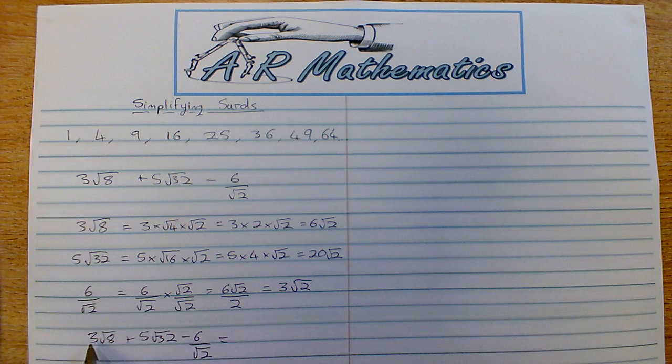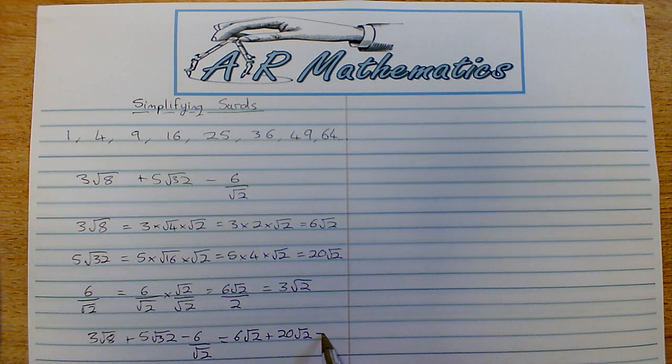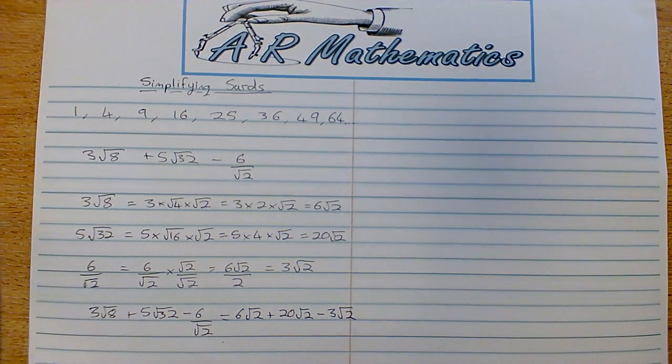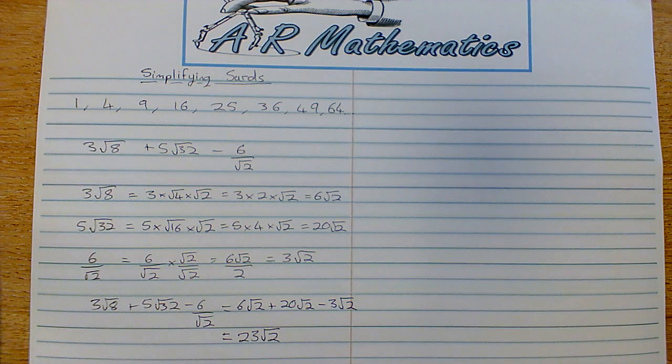If we rewrite this, we have 3 root 8, which we said is the same as 6 root 2, plus 5 root 32 is 20 root 2, and minus 6 over root 2 is 3 root 2. So we're left with 6 plus 20 is 26, take away 3 is 23 root 2. And this is now simplified.